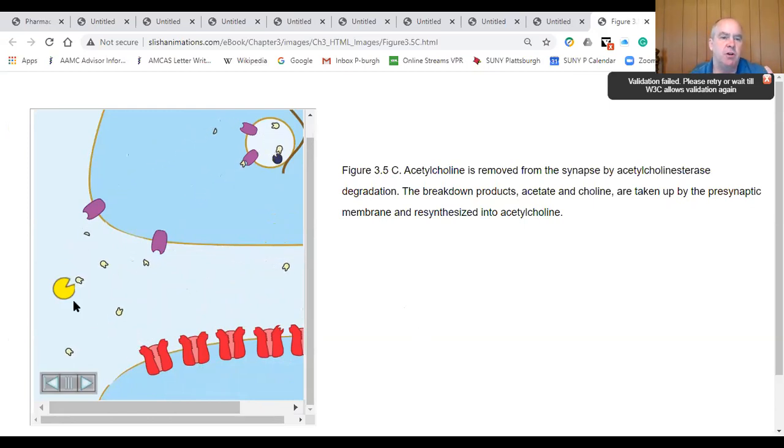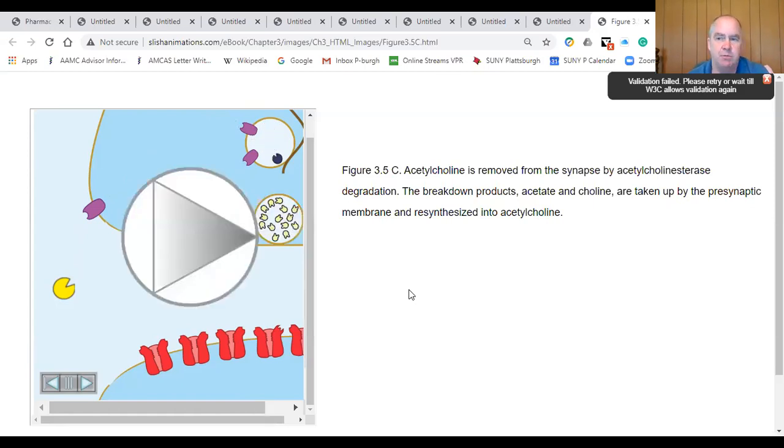So this is a really important enzyme here. It's actually not off to the side. It's all the way through the synapse of an acetylcholine releasing neuron. And it's a really important target for nerve toxins, like sarin gas, and a lot of other neurotoxins that were developed for chemical warfare.